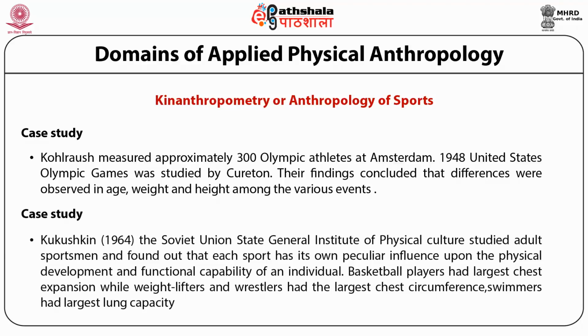Another case study performed in 1976, the Soviet Union State General Institute of Physical Culture, studied adult sportsmen and found out that each sport has its own peculiar influence upon the physical development and functional capabilities of an individual. Basketball players had the largest chest expansion, while weightlifters and wrestlers had the largest chest circumferences. Swimmers had the largest lung capacity.